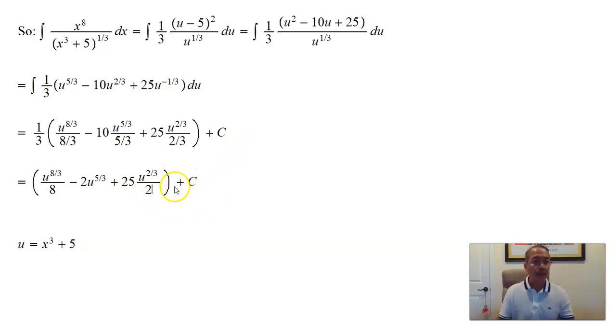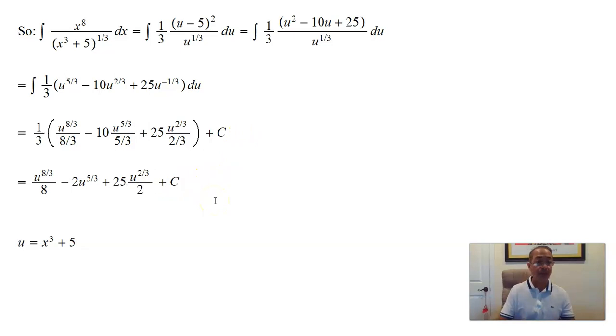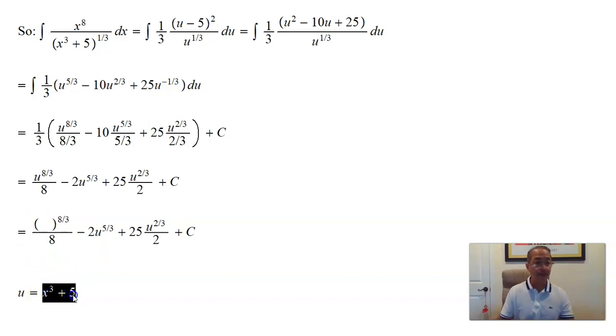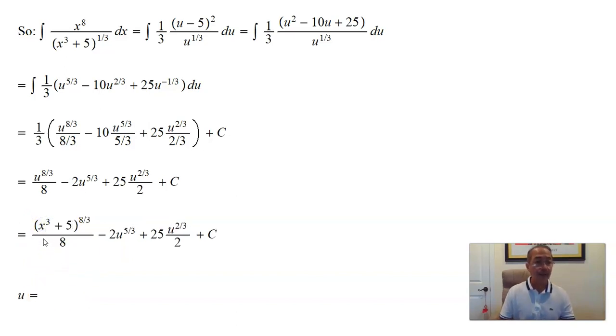So the 1/3 is gone, and we don't need those parentheses anymore. For our final step, we will bring back our x cubed plus 5. U is x cubed plus 5. Bring that in here and change the 2 other u's into x cubed plus 5.